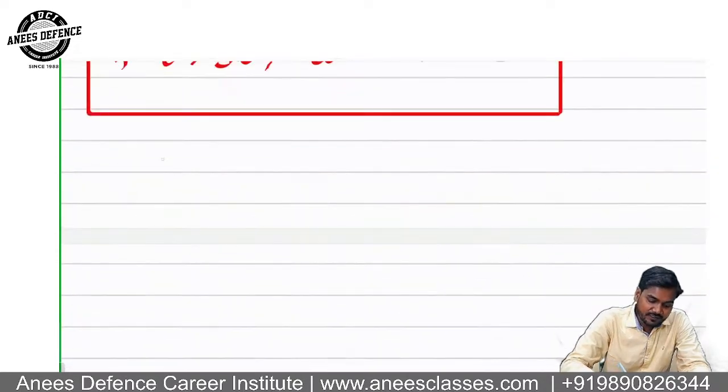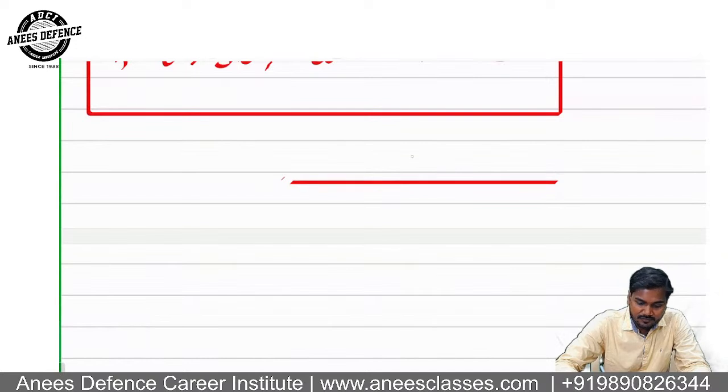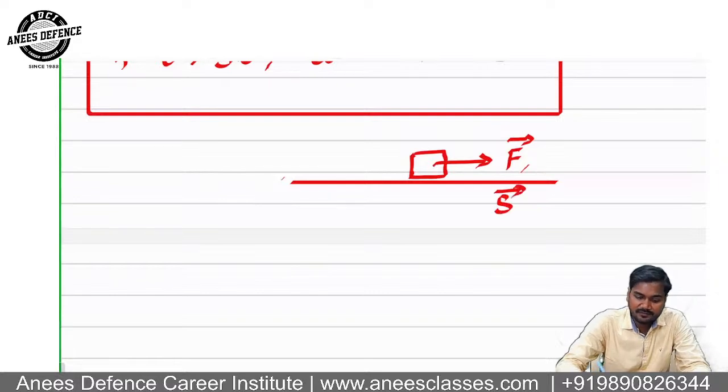For example, we can take work done due to friction force. The object is moving this side, so force is acting this side, and displacement is also this side. But what about friction force?